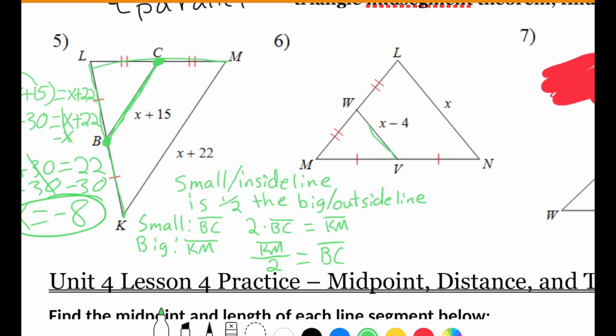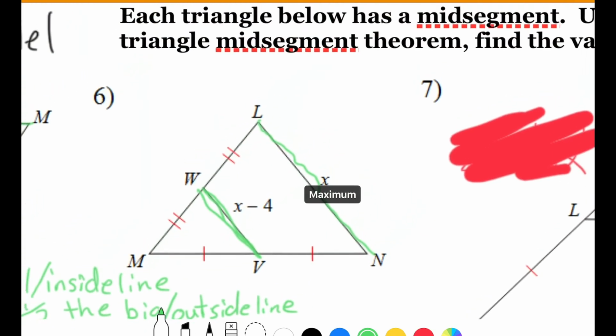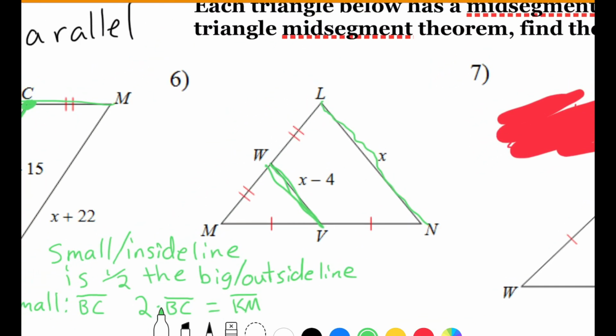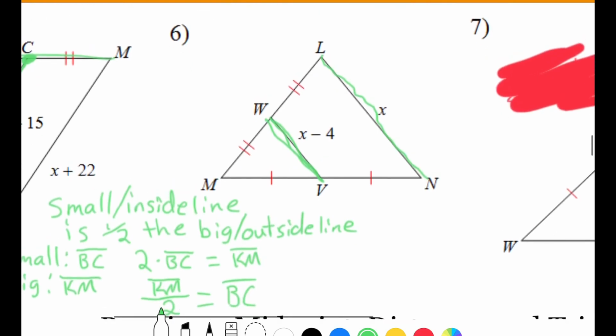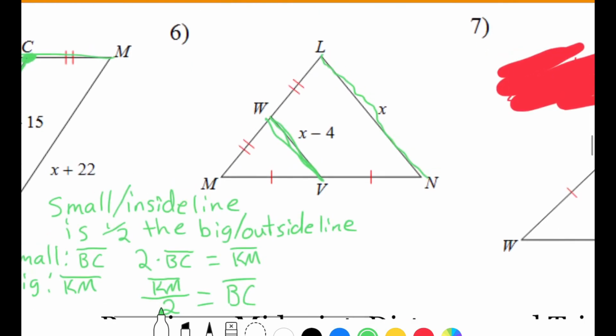For 6, again, our small line is WV. Our big line is going to be LN. So what we need to do is find x. I'm actually going to use that second method, taking the big line, which is x, divided by 2, and set it equal to the smaller line.